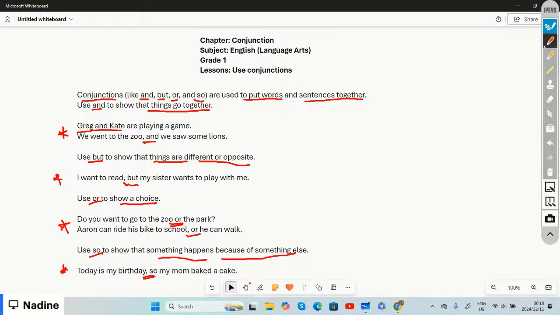All right. And that is basically conjunctions. They are used to either join words or join sentences. And we use words like and, but, or so.